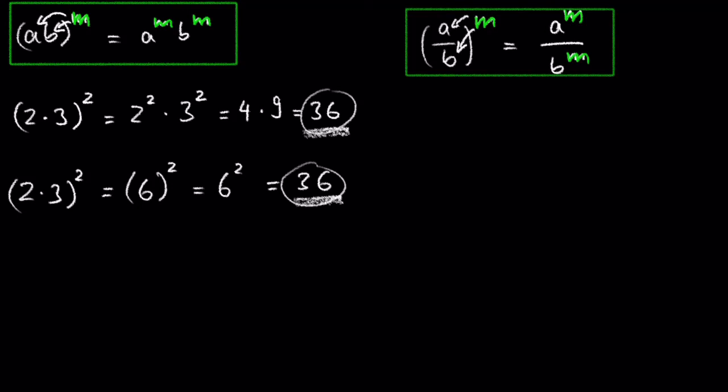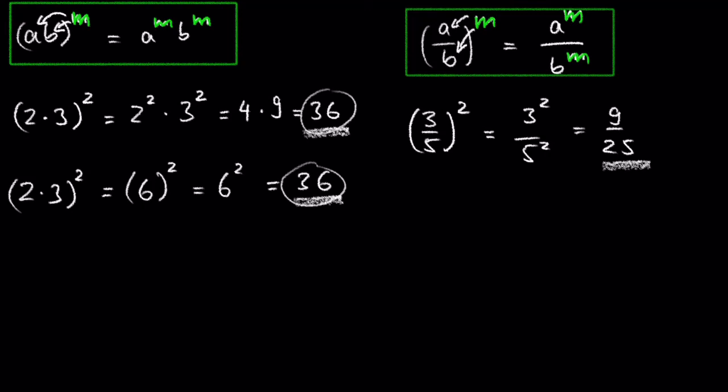How can we rewrite 3 over 5 squared? The law says we can distribute the exponent to the dividend and divisor. So we get 3 squared and 5 squared, which gives us 9 over 25.